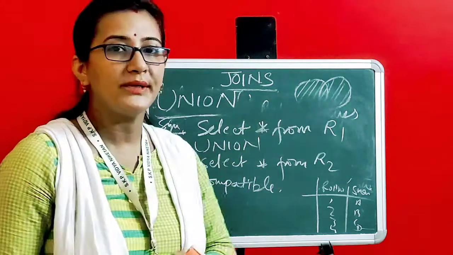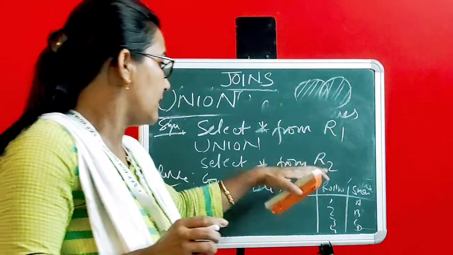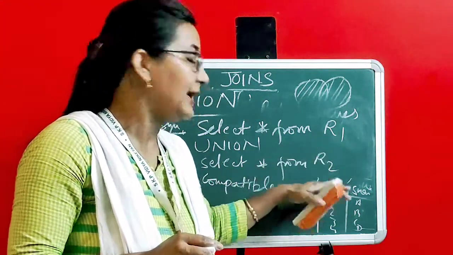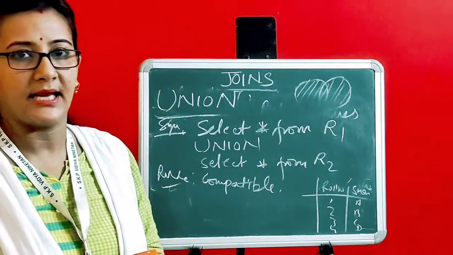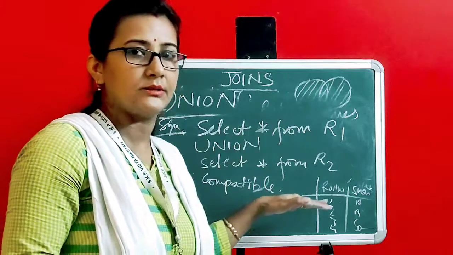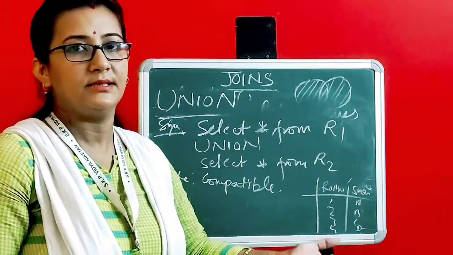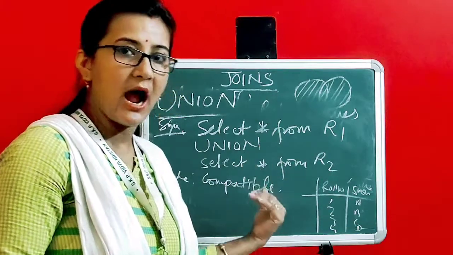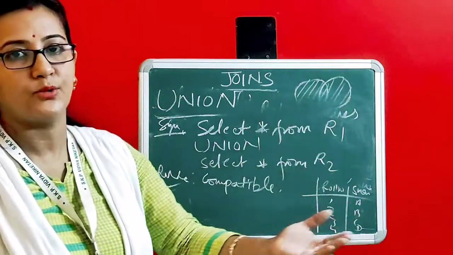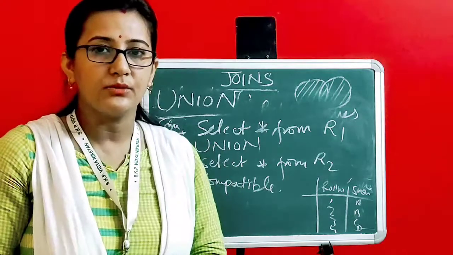And one more thing: the columns should be of the same data types. If roll number is integer in the first table, then in the second table also the roll number should be of integer type. If SNAME is char in the first table, then SNAME should be char in the second table also.